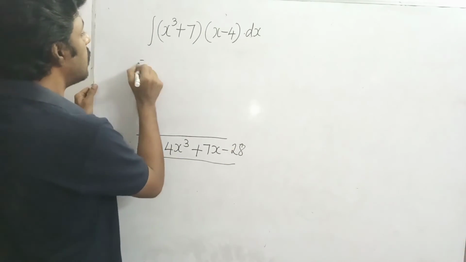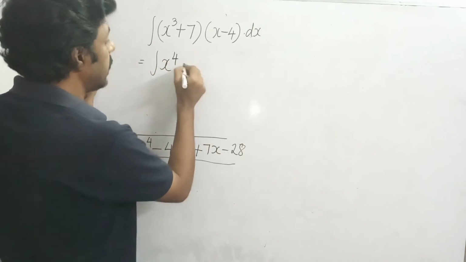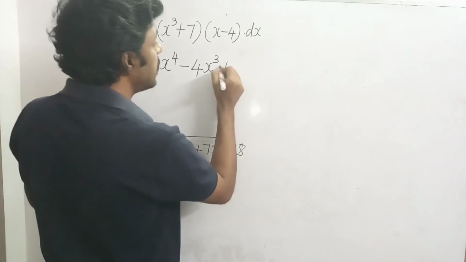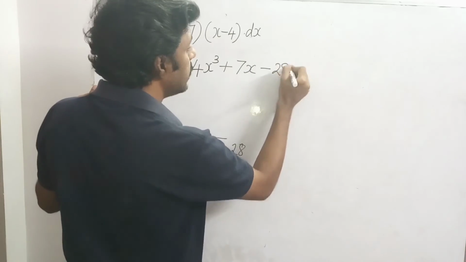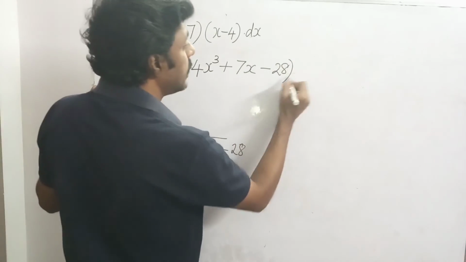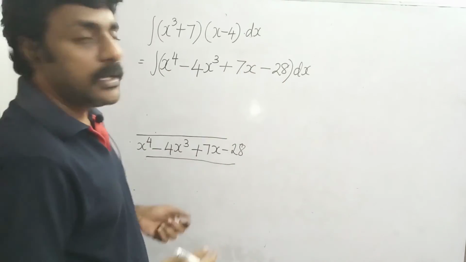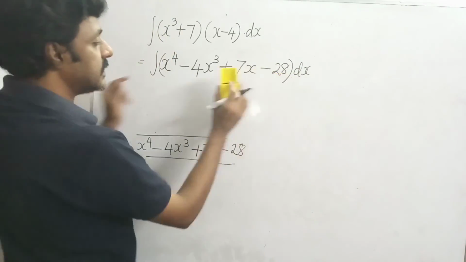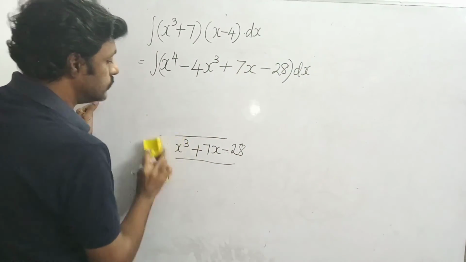This will be nothing but the integral of x to the power 4 minus 4 into x cubed plus 7 into x minus 28, which comes under dx because the entire term is being integrated with respect to x.